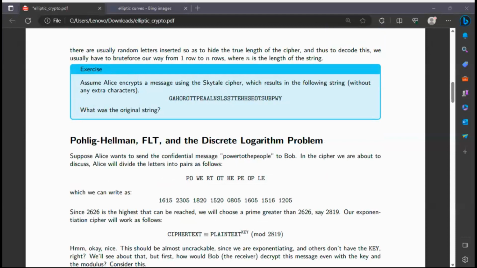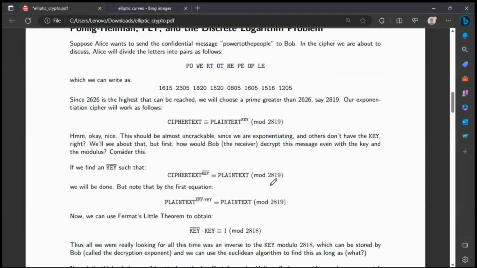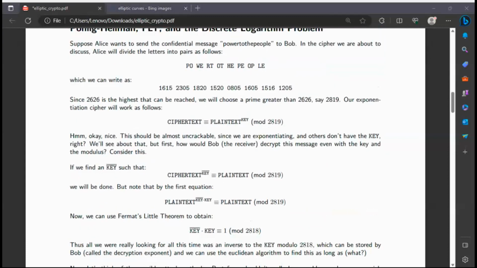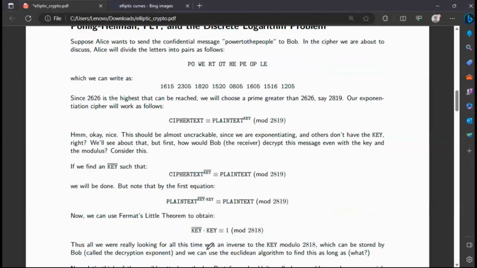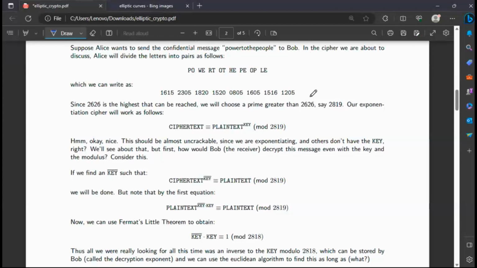nice. So now, suppose Alice wants to send the confidential message "power to the people" to Bob.